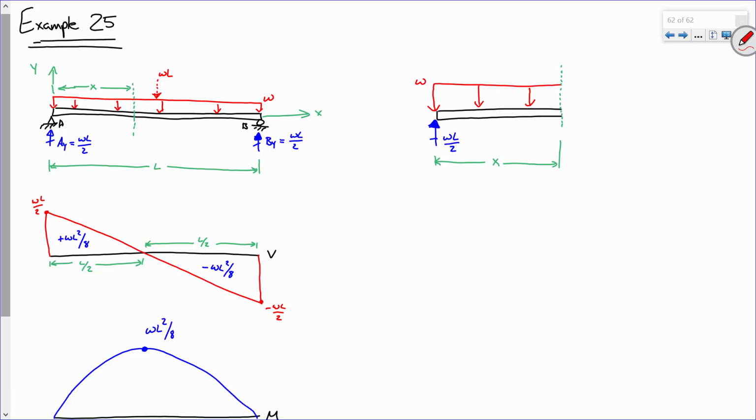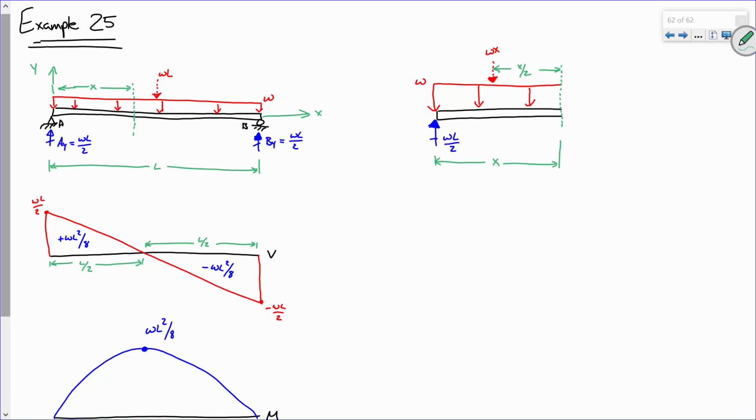Now, what's the magnitude of that point load going to be? W times X. And how far is it going to be from the cut? There we go. Sound good?